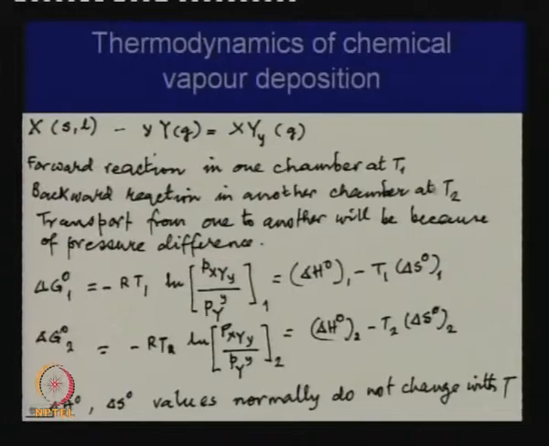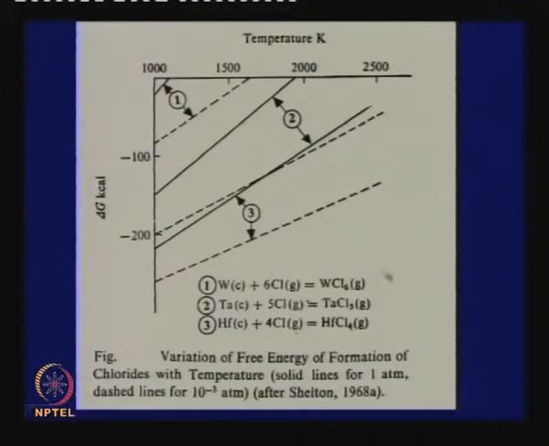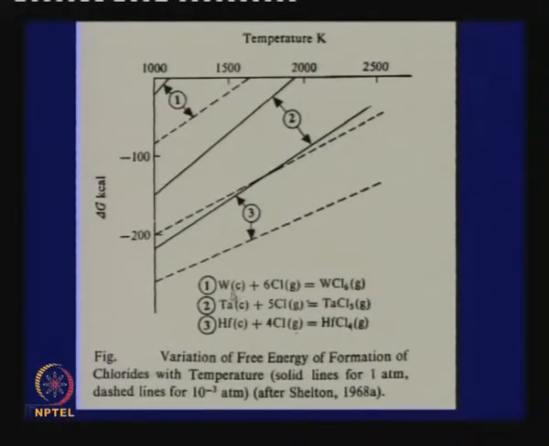And I have given an analysis as to how this is to be done and what are the factors that govern it, and for particular reference we have taken the reaction in the case of tungsten, tantalum, hafnium. You form an intermediate chloride which will be decomposed to produce pure tungsten in another chamber.